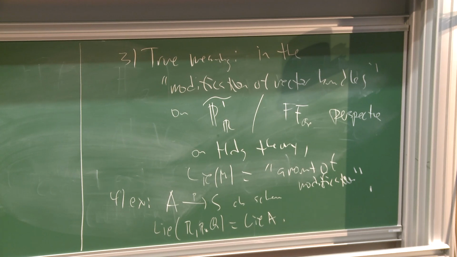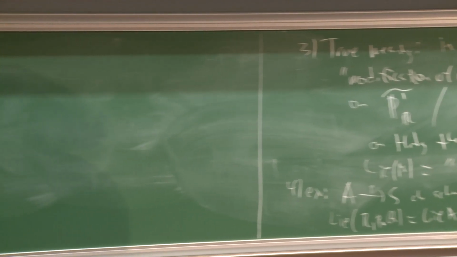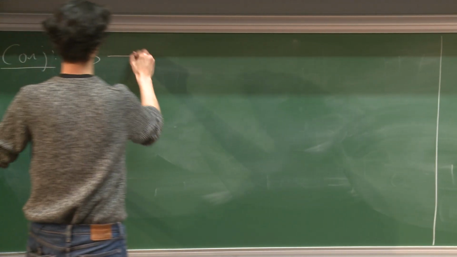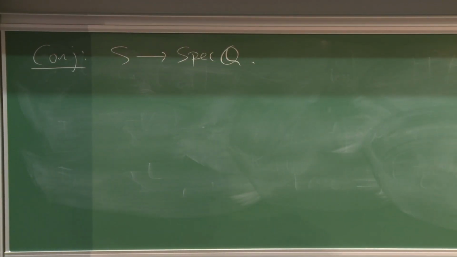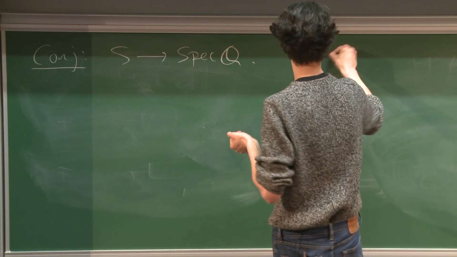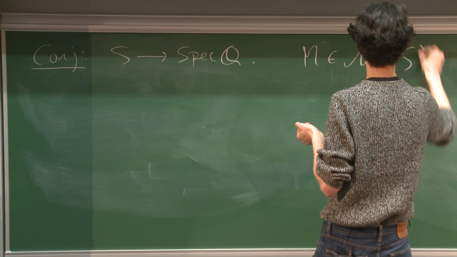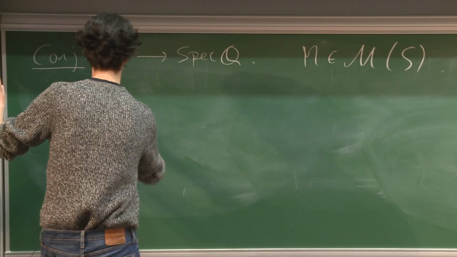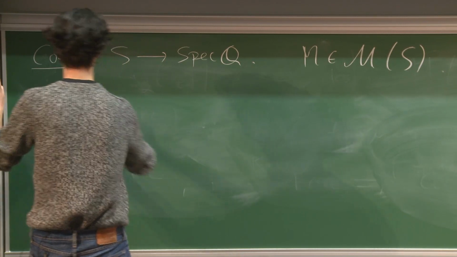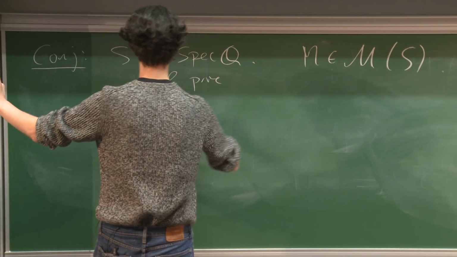Now let me state the conjecture. For the moment, I'll stick to the case of Q-schemes, and we take a motive. Then we take l an arbitrary prime.